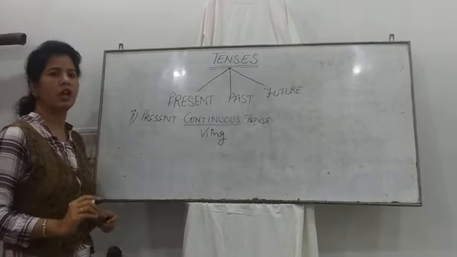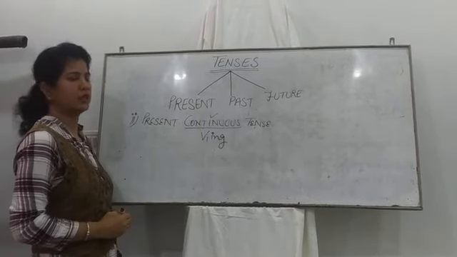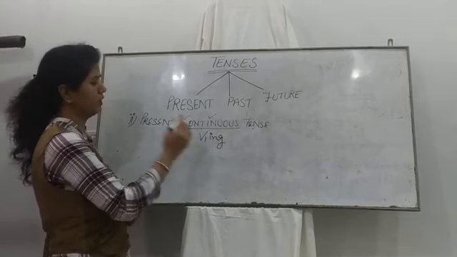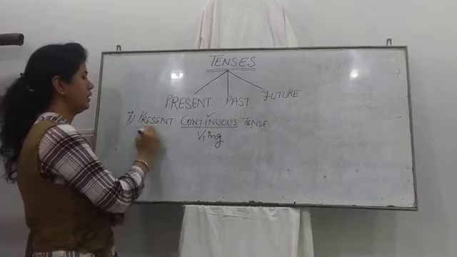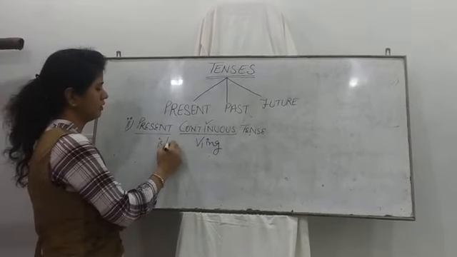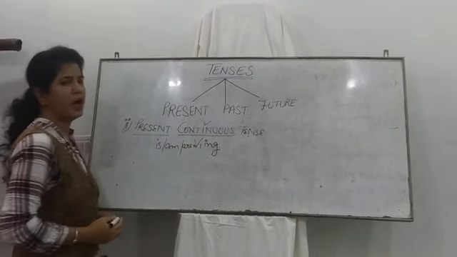In any tense where you see the word continuous, you will apply the verb's first form with ing. Okay? And if it is present continuous, the helping verbs will be is, am and are.